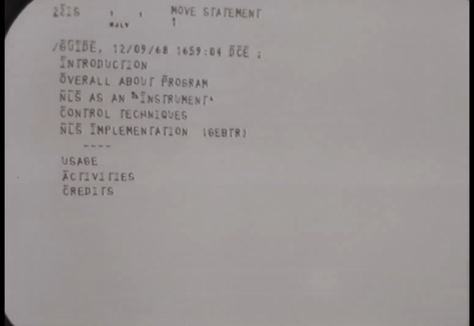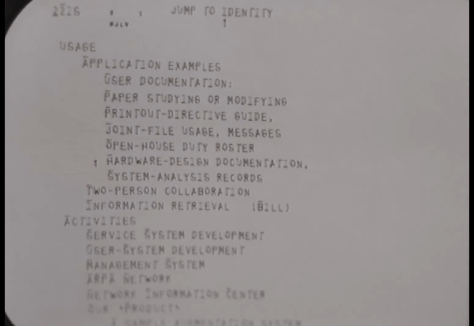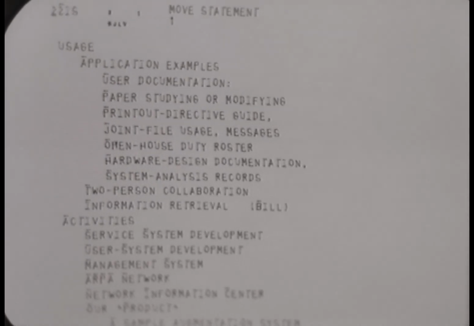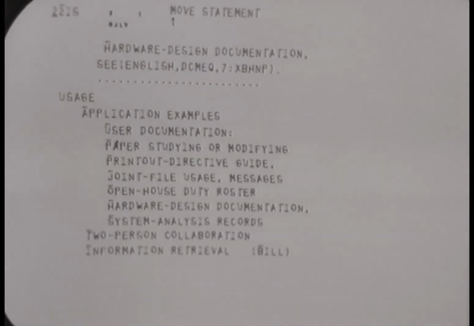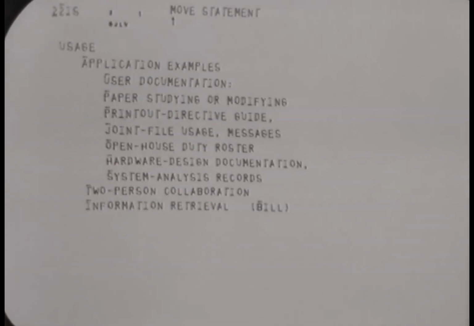Okay. All right. There are other things to show here. I forgot that it didn't need to freeze here. All right, design documentation for our hardware and system analysis records.